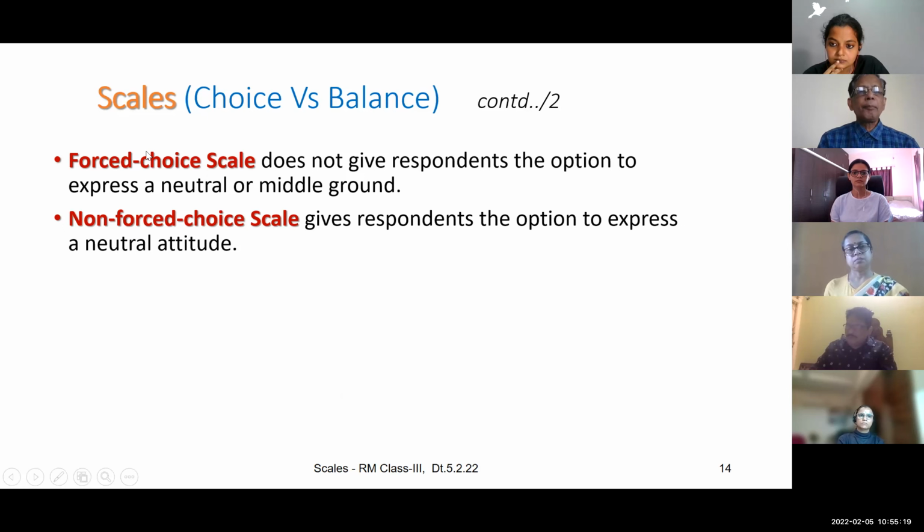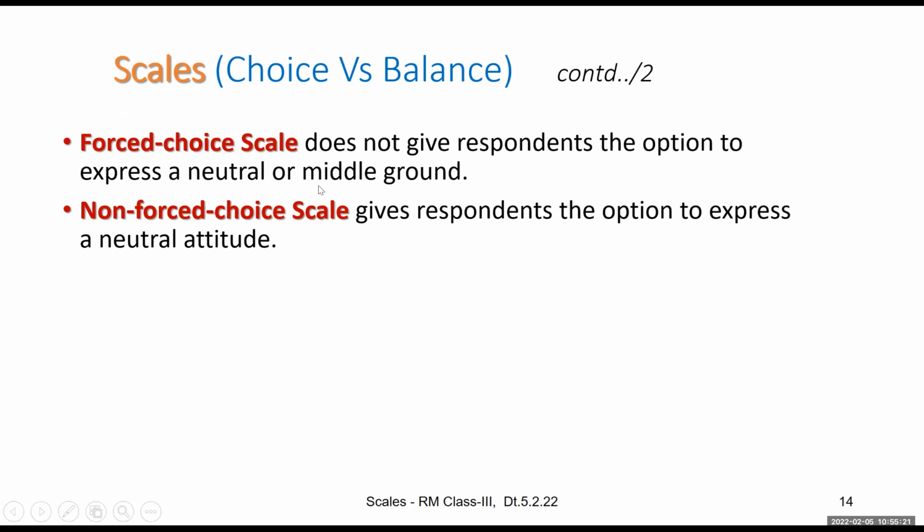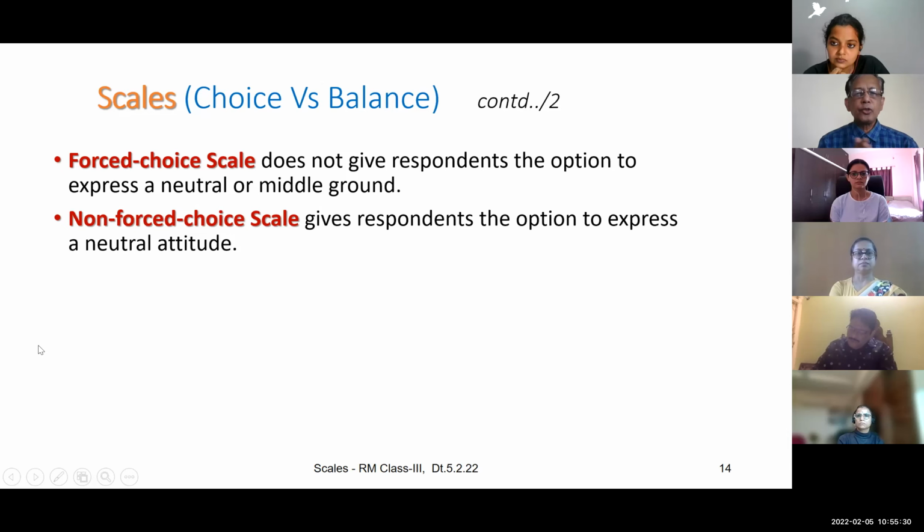Okay, so for example, sometimes you ask which is better, forced choice scale or non-forced choice scale. The answer would be: it depends. If it is something, it has to be non-forced. Say, for example, how good, how bad is a political party? So you keep it in the middle, neutral, 50% on the negative side, 50% on the positive side, and make it non-forced.